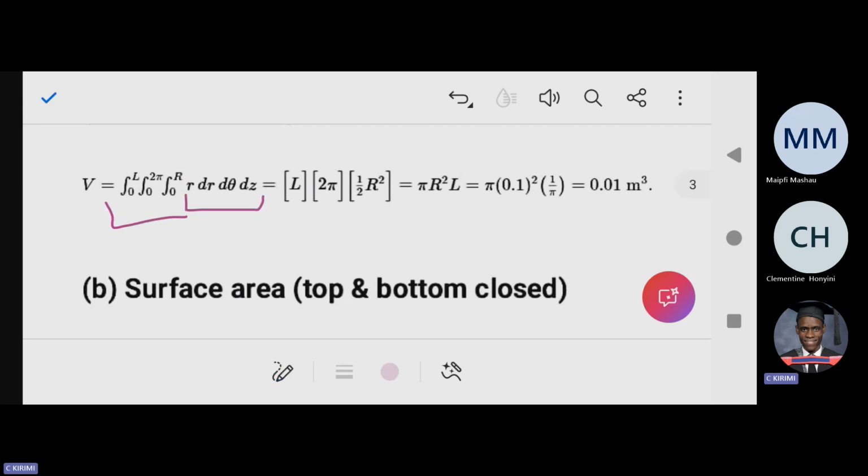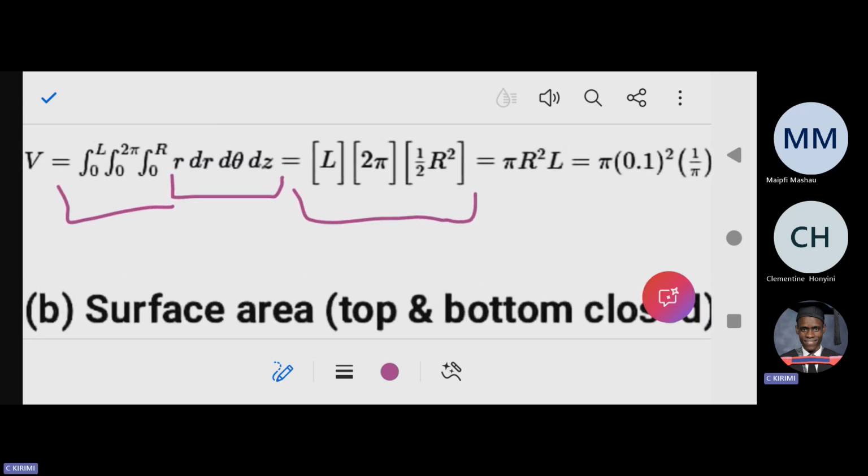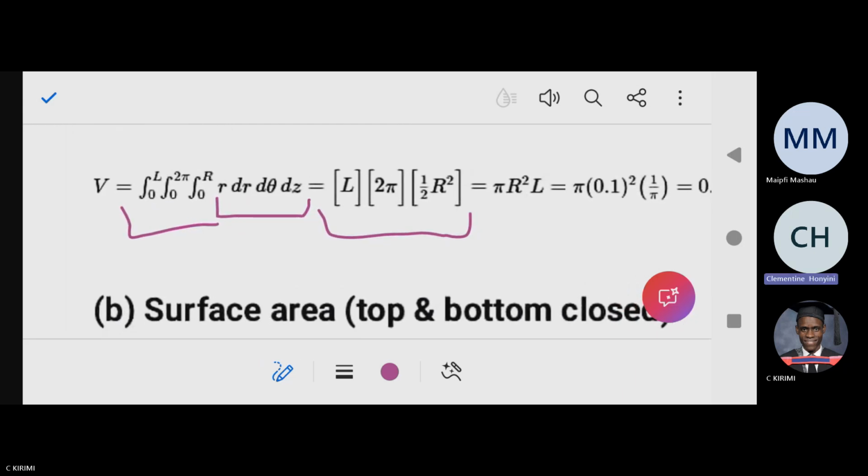Do you know how to come to here, if I'm to ask? Which means your calculus is very bad if it's like that. All right, let's integrate then.